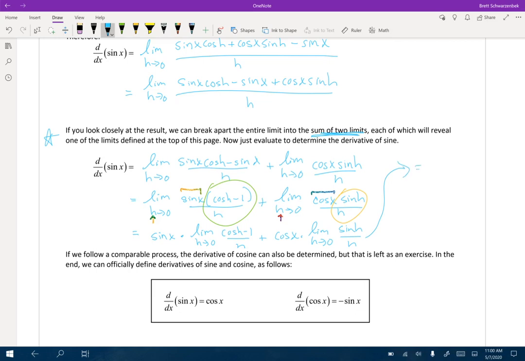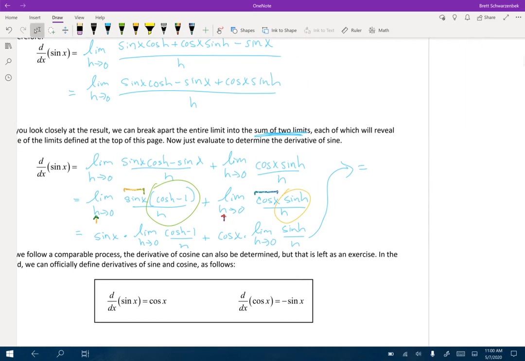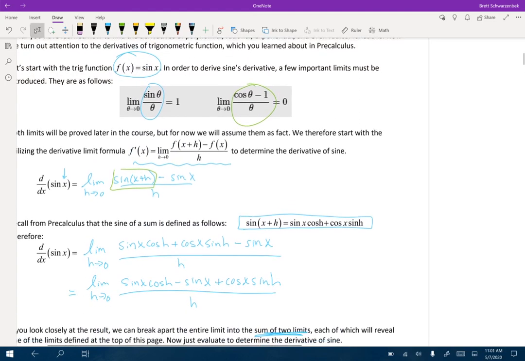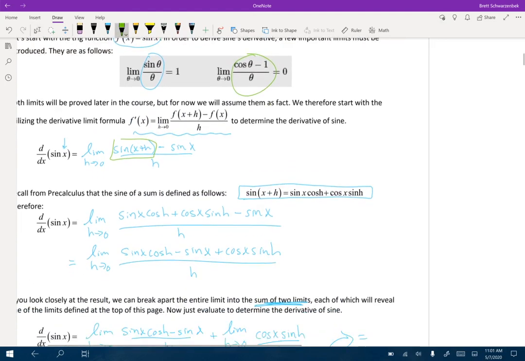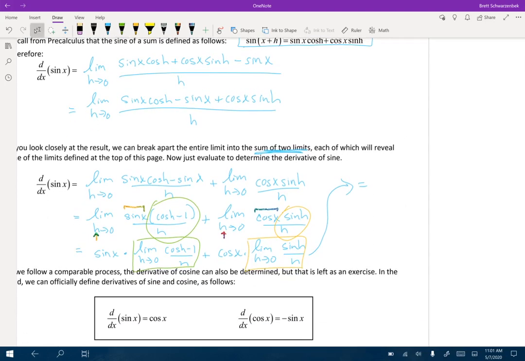Okay, so if you look at this really closely, the quantities that I was talking about are right here and here. According to our rule book here, the limit of sine theta over theta as theta goes to 0 is 1. So that means this entire orange quantity here is 1.